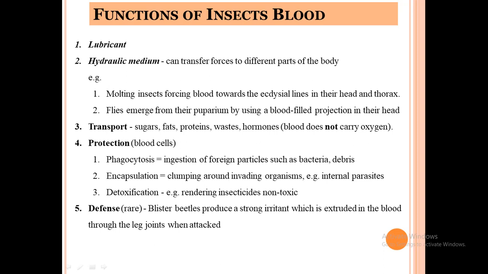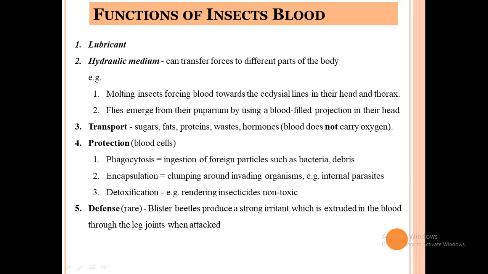Then encapsulation: these cells clump around invading organisms, for example internal parasites. Then detoxification, for example rendering insecticide non-toxic. These are the protection measures performed by the insect's blood cells.